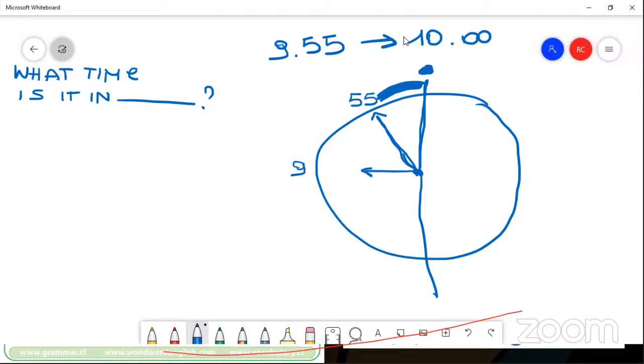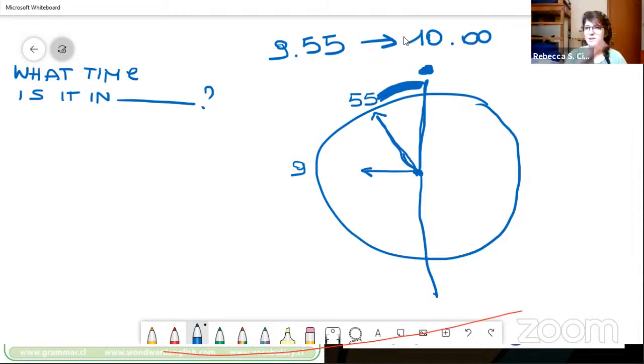So we are at 9:55. We have 56, 57, 58, 59, and then you get to 10. So we have 5 minutes to 10.